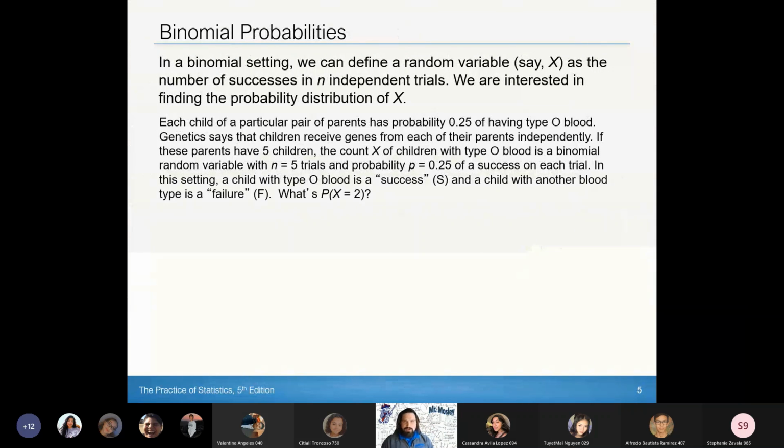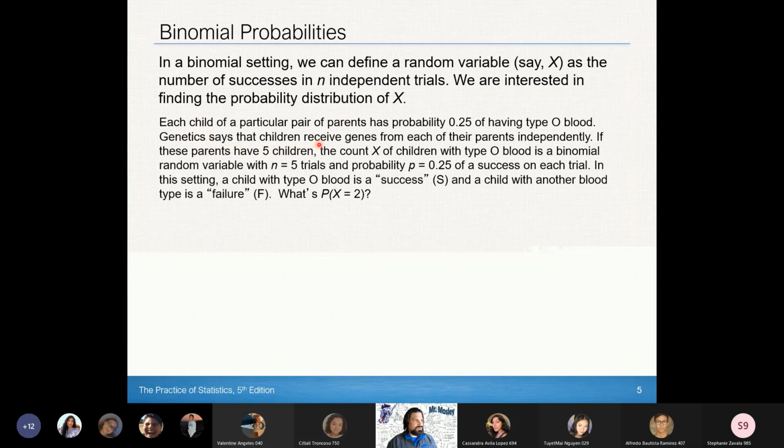So that leads us to binomial probabilities. In a binomial setting, we can define a random variable, call it X, as the number of successes in n independent trials. We are interested in finding the probability distribution of X. So here's our scenario. Each child of a particular pair of parents has probability 0.25 of having type O blood.